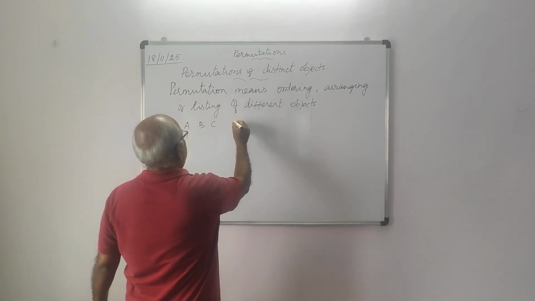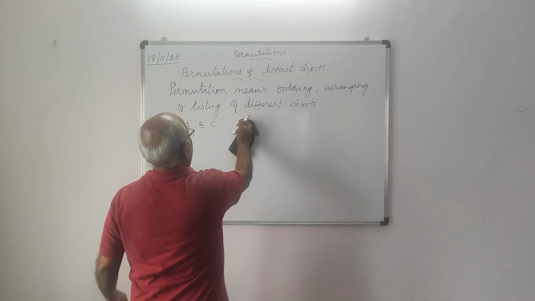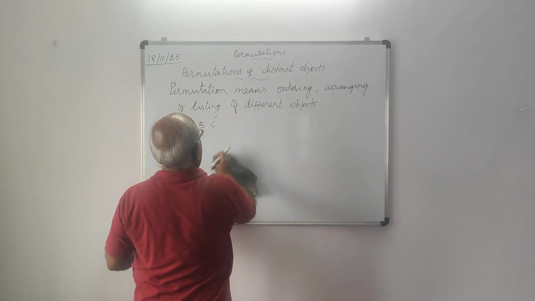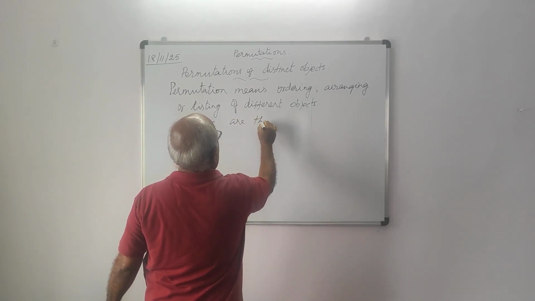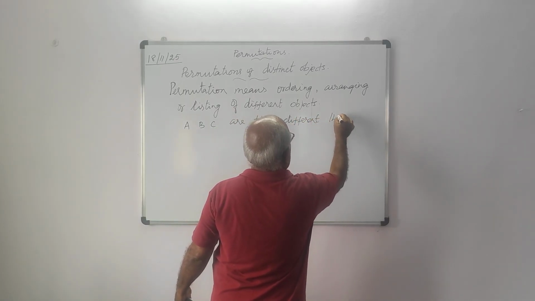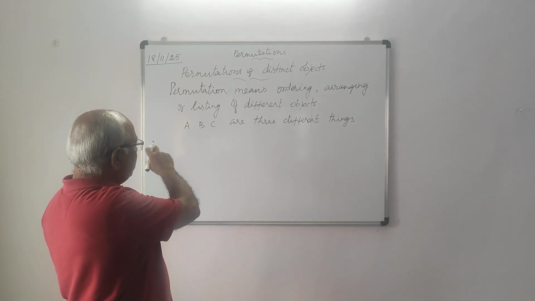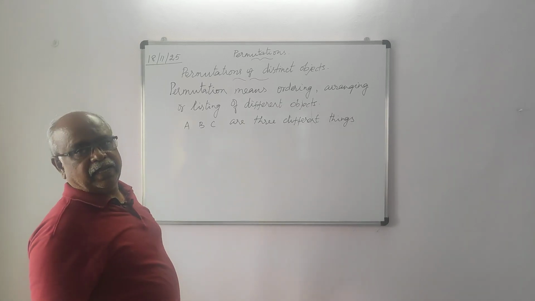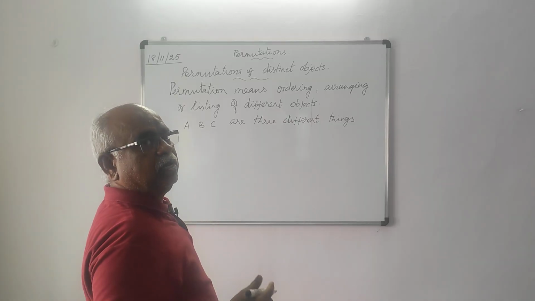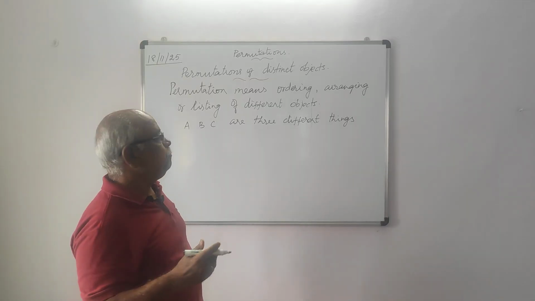A, B, C are 3 different things. How many ways, how many permutations are there for arranging these 3 different things, or these 3 fruits, A for apple, B for banana, C for citrus fruits?